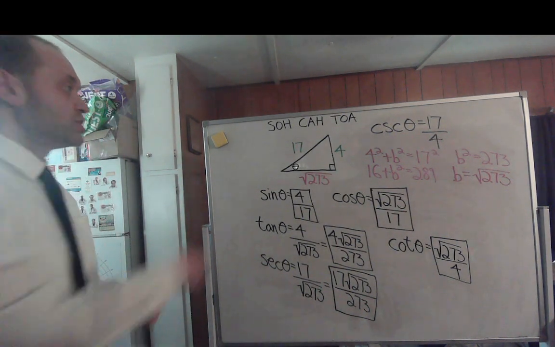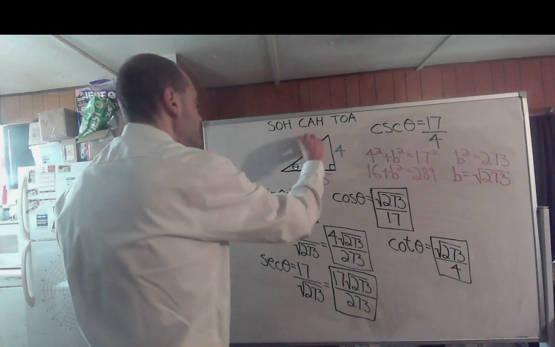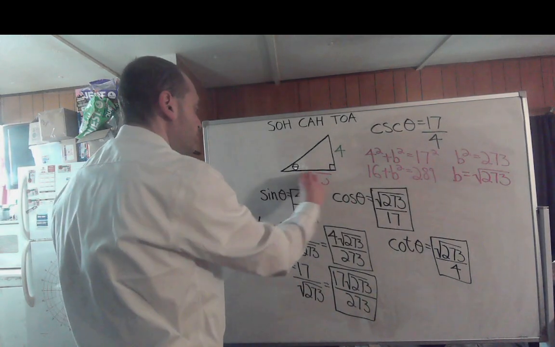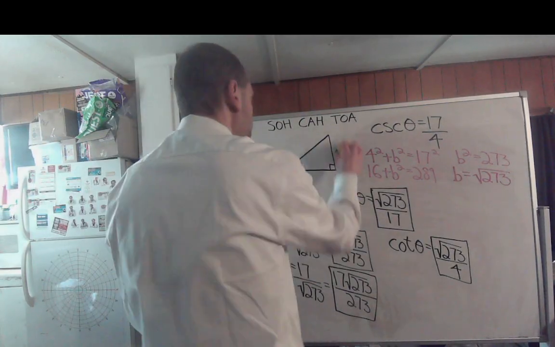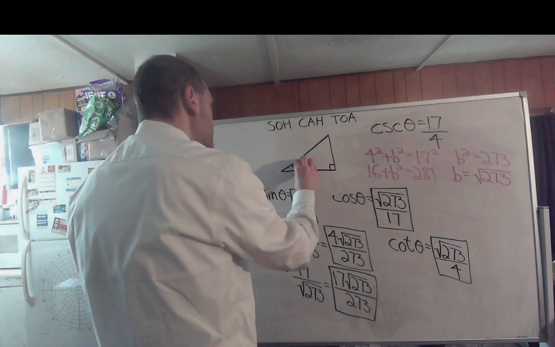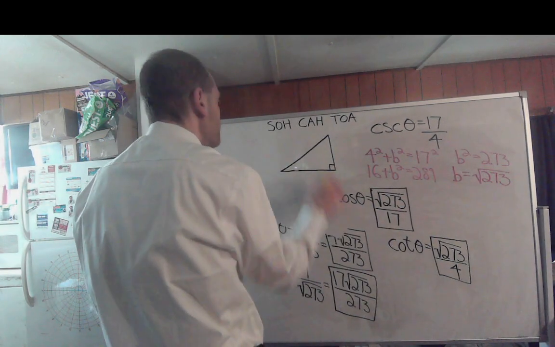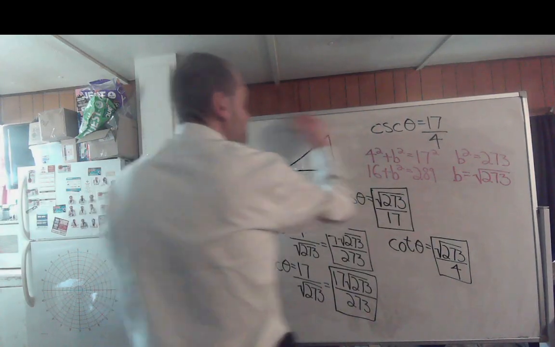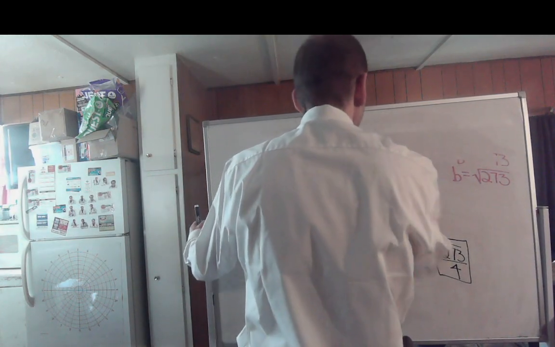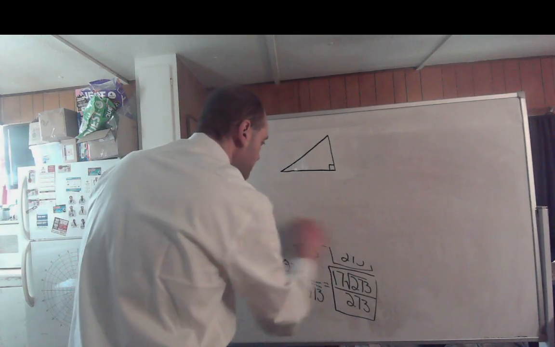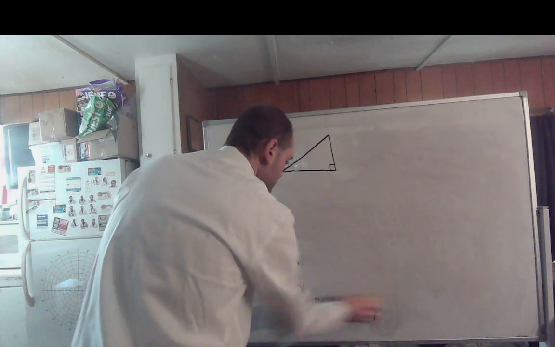Alright, so I want to do one more set of problems, which won't be that long actually. In fact, it's going to be quite simple. We won't even have to use Pythagorean theorem for these, and we can find the length of missing sides.